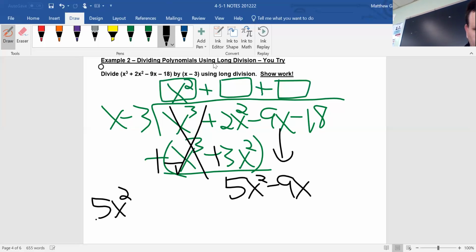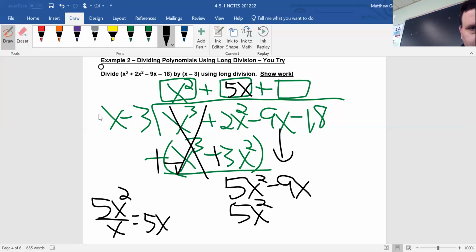Divide those. That gives you 5x, which goes up to the top here. And then multiply counterclockwise. 5x times x is 5x squared. 5x times negative 3 is negative 15x.